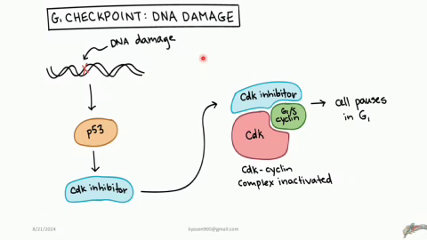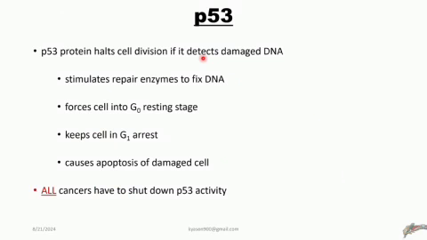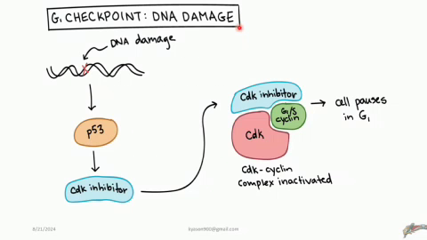So if there is any kind of DNA damage, actions are put forward so that these genes can help in preventing abnormalities. But the main one is p53. It's the guardian of the genome. It's the main tumor suppressor protein, and it exists in all cells of the body. If there are any errors in the DNA, it will inhibit formation of the complexes, and the cell will not divide.